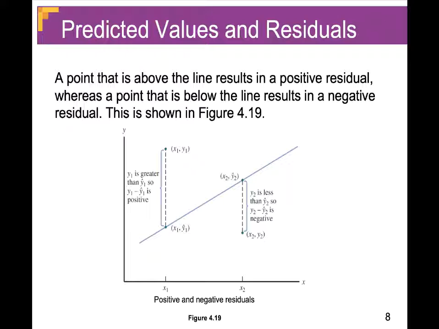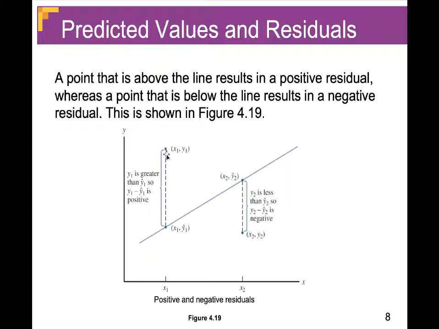So take a look at this simple example. The actual value x1, y1 and the actual value x2, y2 are here, not on the line. The predicted value has the same x, but you have a predicted y, and then the same x2 with a predicted y2. You'll notice that y1 is greater than the prediction, and so when you do this residual calculation, you get a positive residual.